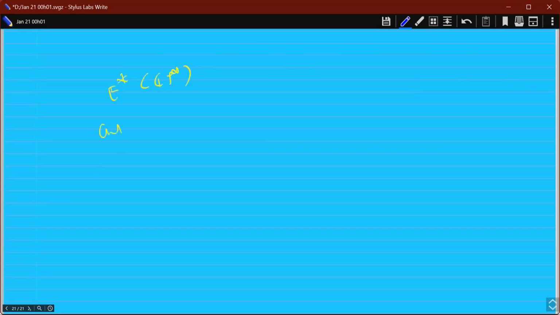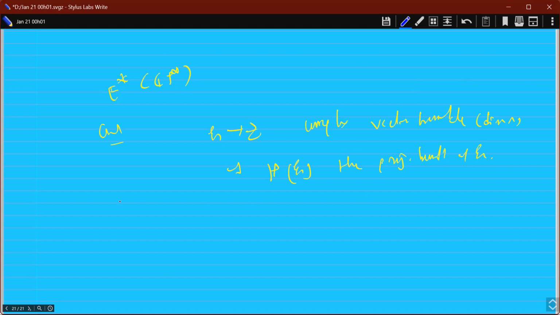Now again, suppose this is a complex vector bundle, again of dimension n, and by this I denote the projective bundle of U. Again, using the Atiyah-Hirzebruch spectral sequence, we can prove the following.